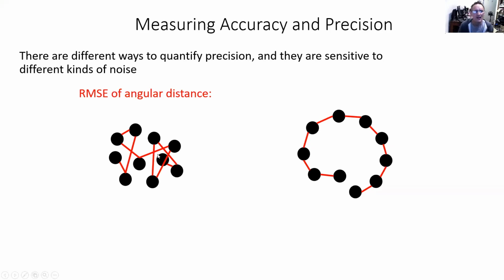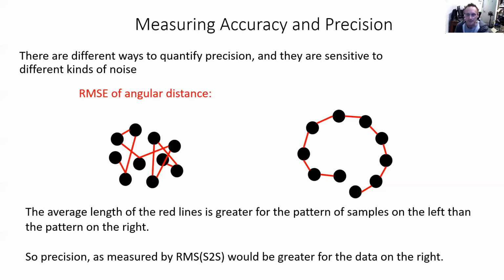So you can see there that standard deviation measures of precision are sensitive to slightly different types of noise than the RMS sample to sample. And in fact, standard deviation is very sensitive to the duration of the samples over which you measure it, for kind of obvious reasons. If you measure standard deviation over 200 milliseconds, you'll get a very high value, whereas that's less the case for the RMS S2S measure.